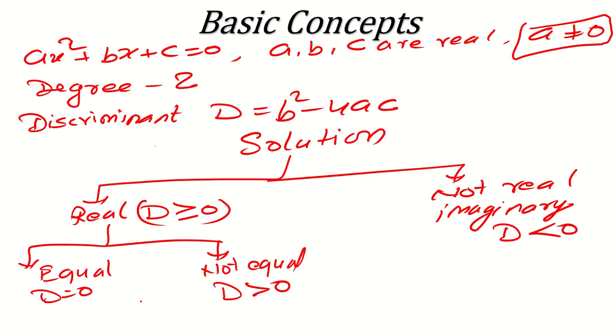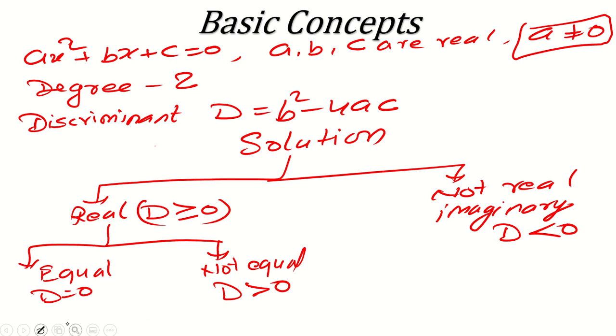You can have a one mark question to find the value of k for which the quadratic equation will have real roots, or equal roots. If you remember these conditions, it will be very easy for you to solve the question.